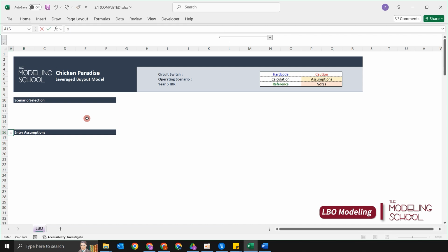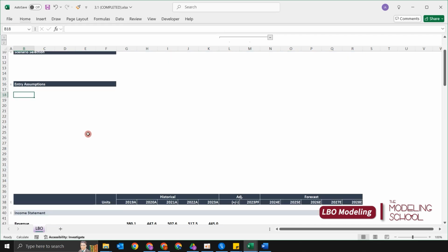Let's also put in some navigators on the front, since this model is going to be extremely long. What we're going to write here is the purchase price. So a per share basis is much easier to understand usually, because it can be compared with the current price very easily.